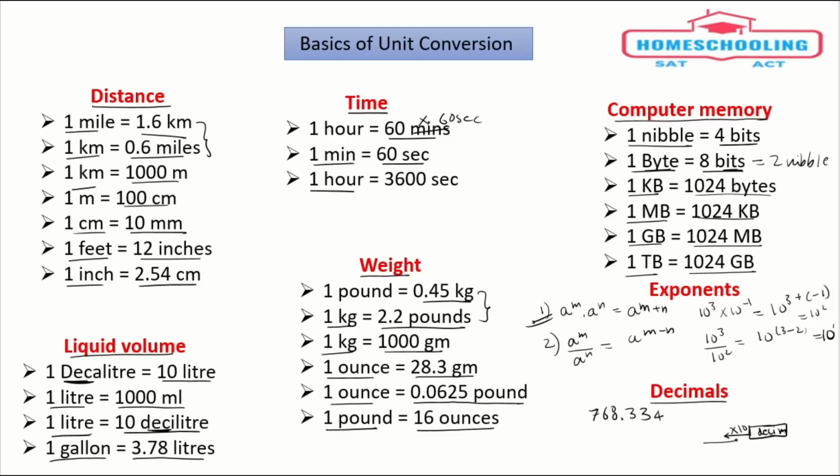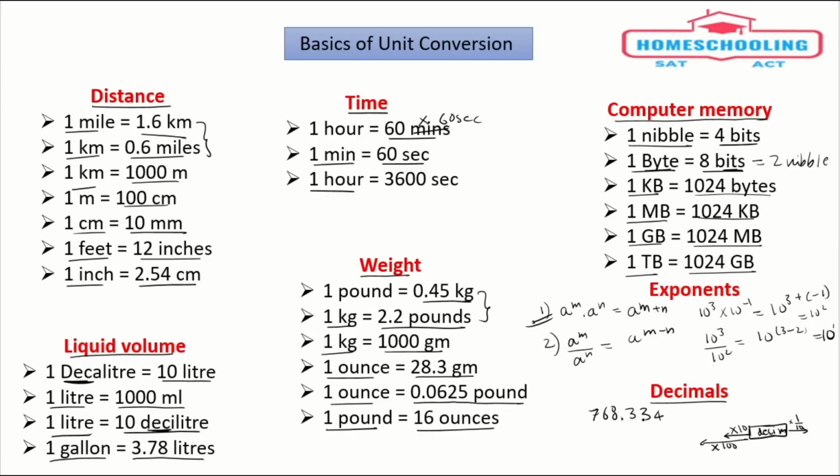If you move it two positions from here to here, then you will multiply by 10 twice, that is 100. Similarly, if you move this decimal on the right side, you divide it by 10.